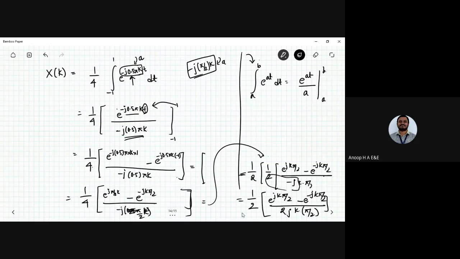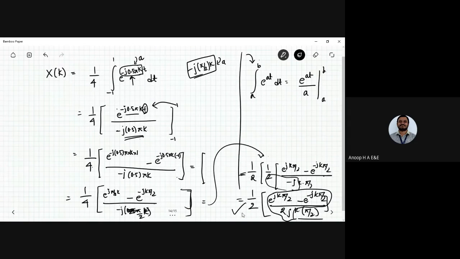This part of the 1 by 2 gets used in the equation here. So 1 by 2 into e power jk into pi by 2 minus e power minus jk into pi by 2 divided by 2j into k into pi by 2.